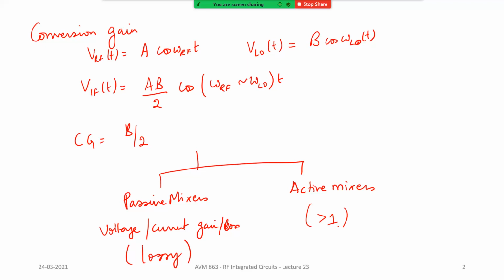Okay. Now, the two major parameters for any RF system are basically noise and linearity. Correct. Now, what can we say about the requirements on a mixer in terms of noise and in terms of linearity? Now, the mixer definitely comes as the second stage.